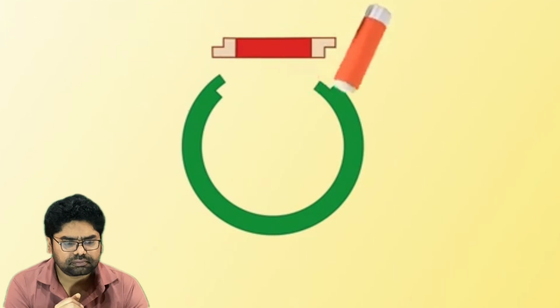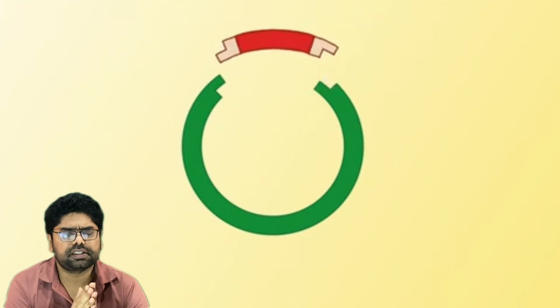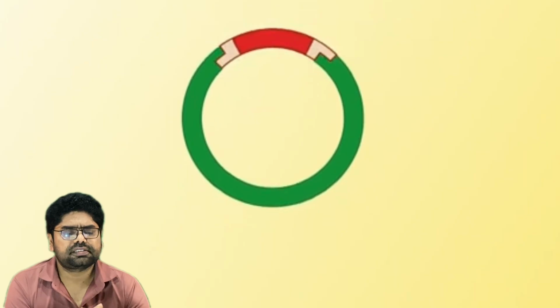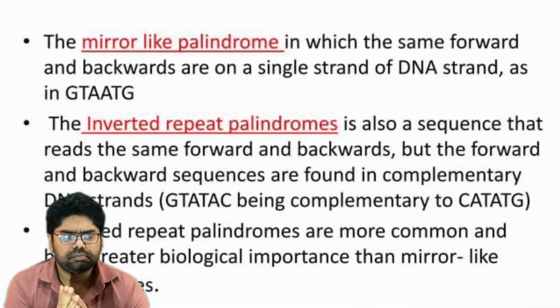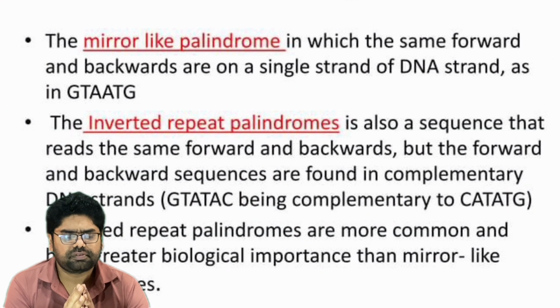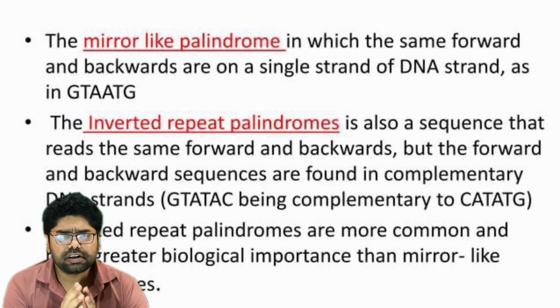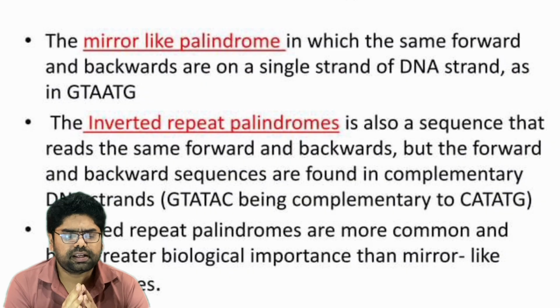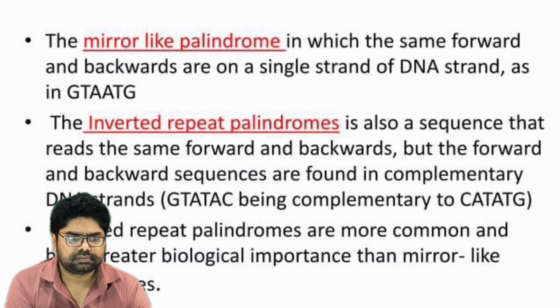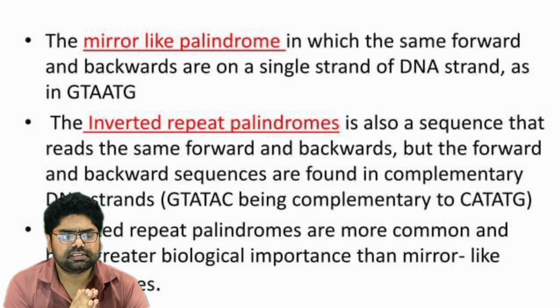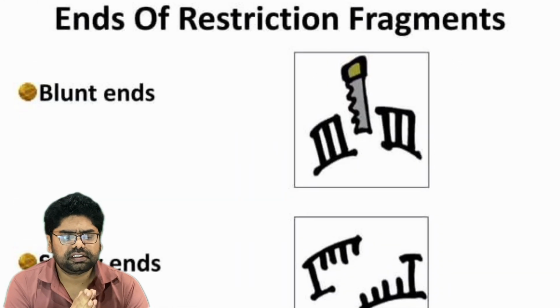As you can see, the inverted repeat palindrome is also a sequence that reads the same forward and backward, but the forward and backward sequences are found on complementary DNA strands, like GTATAC being complementary to CATATG. Inverted repeat palindromes are more common and have greater biological importance than mirror-like palindromes. So as you can see, this is GAATTC and CTTAAG.